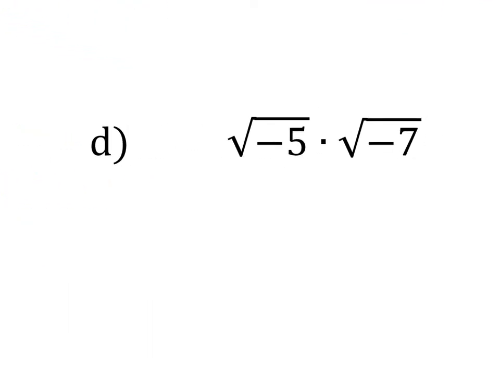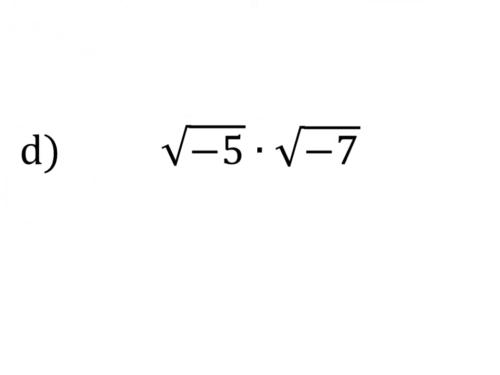All right, one more situation here. This seems like we should go ahead and be able to write this as just the square root of 35, but there's a little twist. We can't. We first have to pull out the i's. All right, so this is i times the square root of 5, and this is i times the square root of 7.